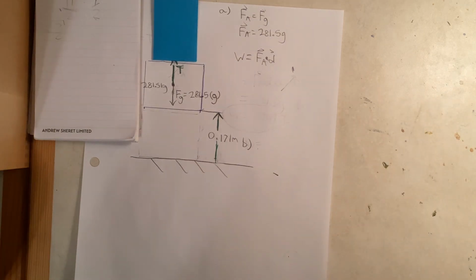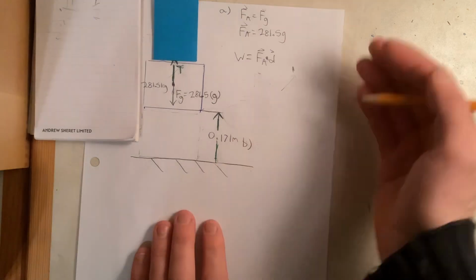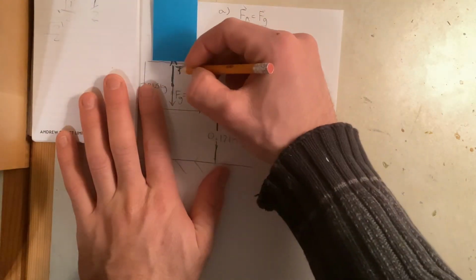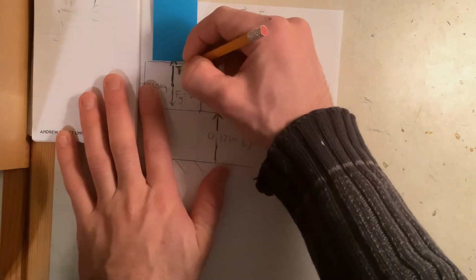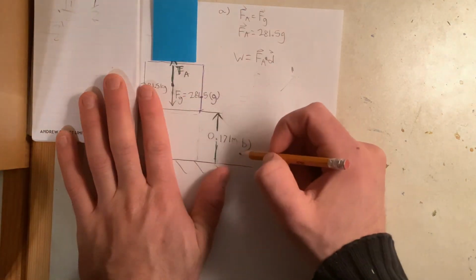So if there's no acceleration, the speed is constant. That means that FA and FG would be equal. So let's call this FA, and FG.